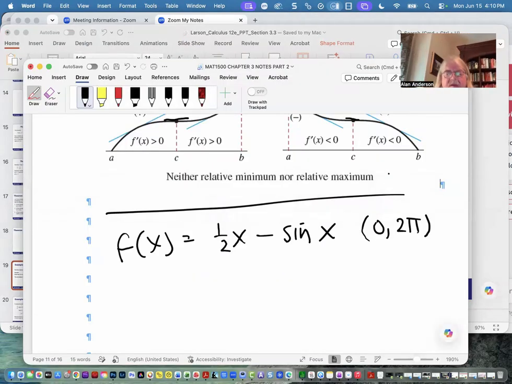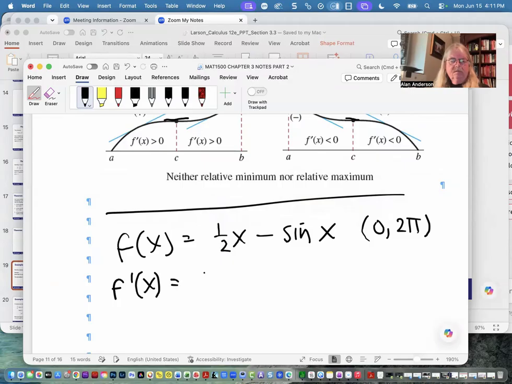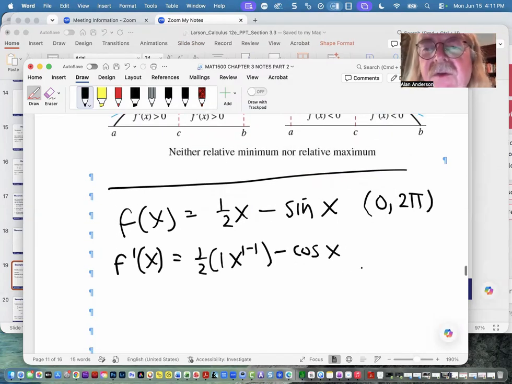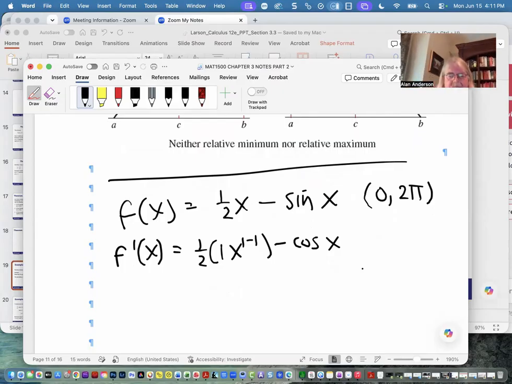The derivative, the first one is a power rule. The second one is just the derivative of the sine.